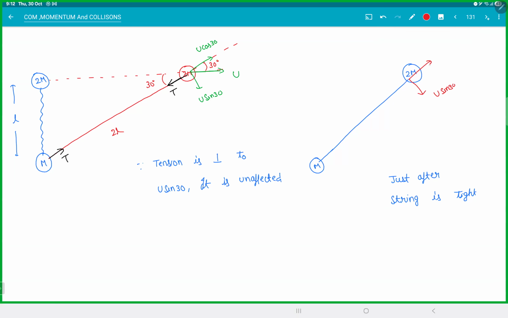But in the other direction, it will become something like, let's call it v dash. And why will both be equal? Because the string is tight, rigid string constraint. Since the string is tight, they should have the same velocity along the string.